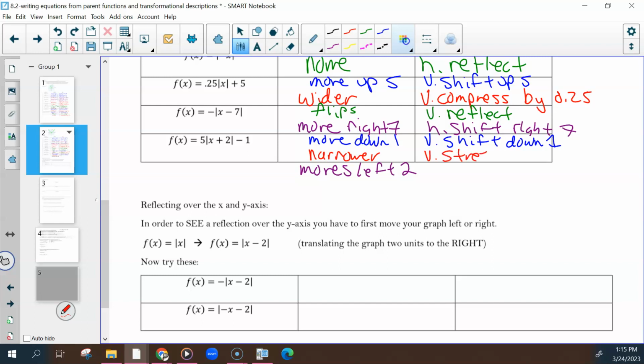By 5, yeah. And the last one. 5 and what direction? Questions on those?